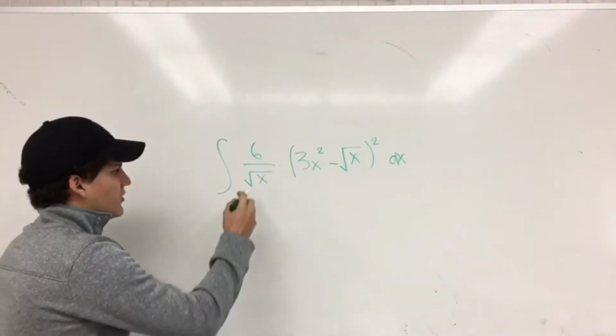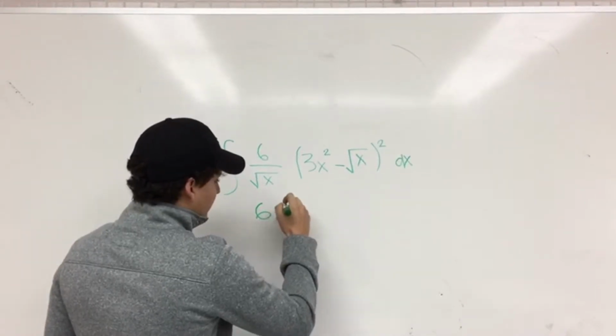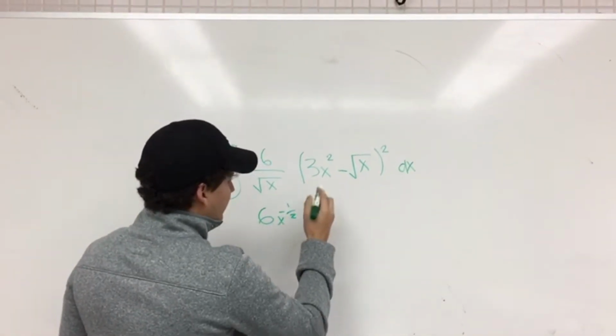Okay, first of all, you have to put this to the top, and it will give you 6 x to the negative 1/2, and then you have to expand this one.